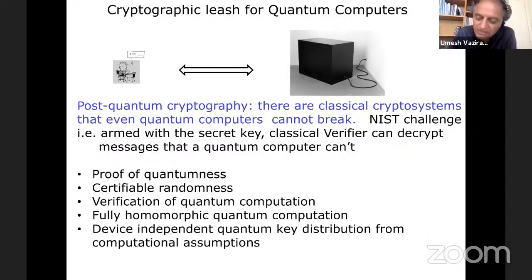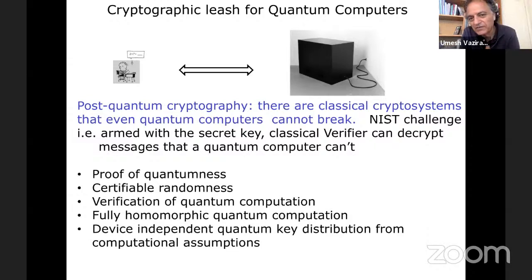Certifiable random number generation, classical verification of the result of that quantum computation, fully homomorphic quantum computation, meaning classically delegating a quantum computation privately to the quantum computer, and even something like device-independent quantum key distribution from computational assumptions.